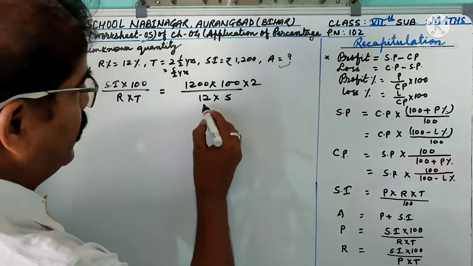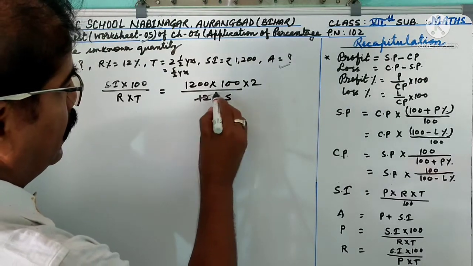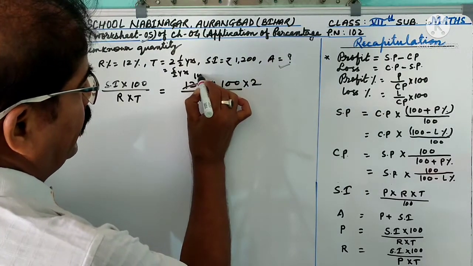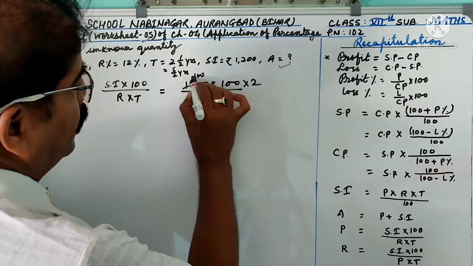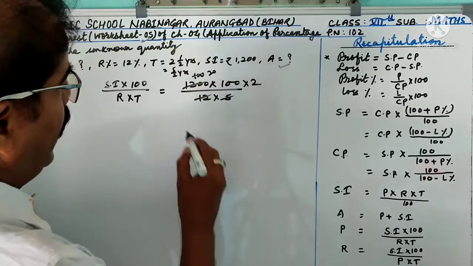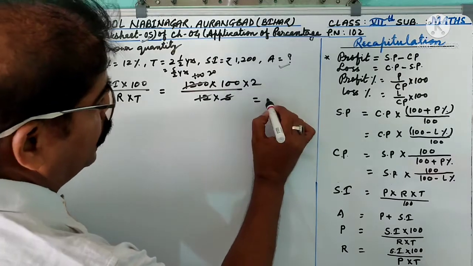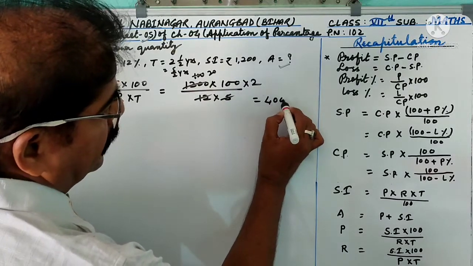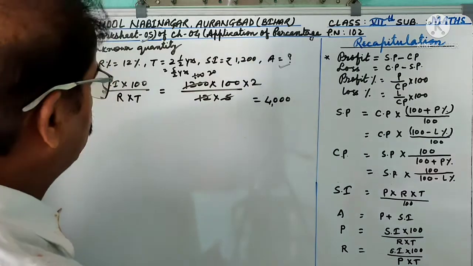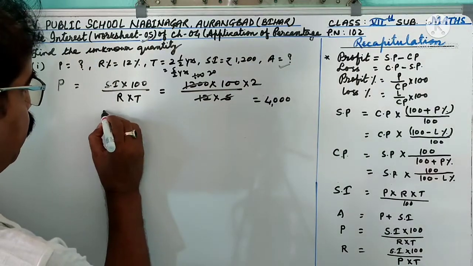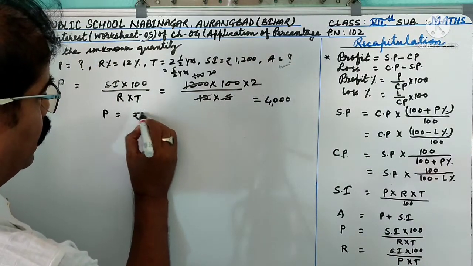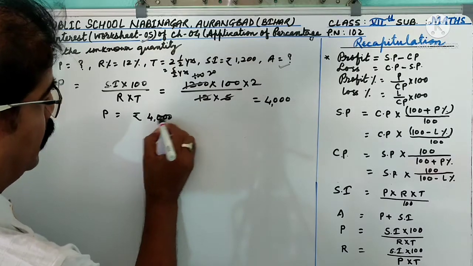After simplification, 12 into 100 and 5 into 25 is 100. That is 20 into 2 is 40, and 40 into 100 is 4000. So P equals rupees 4000.